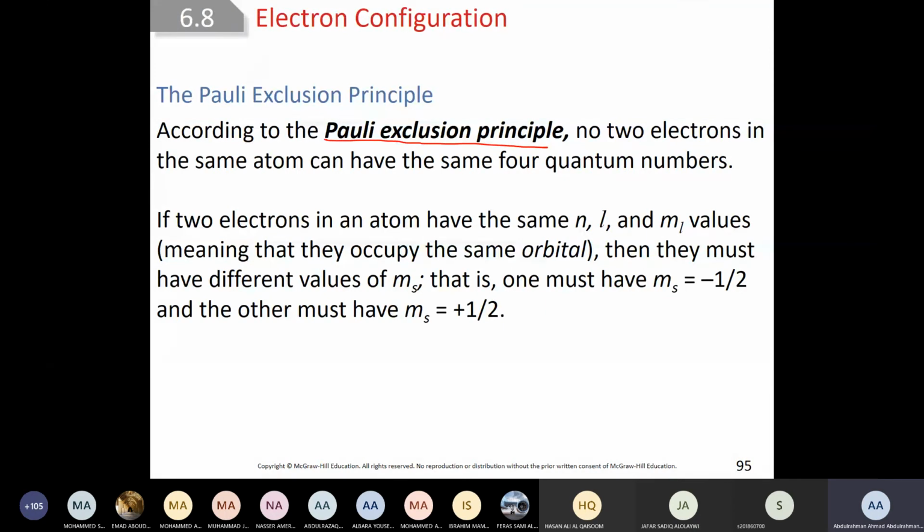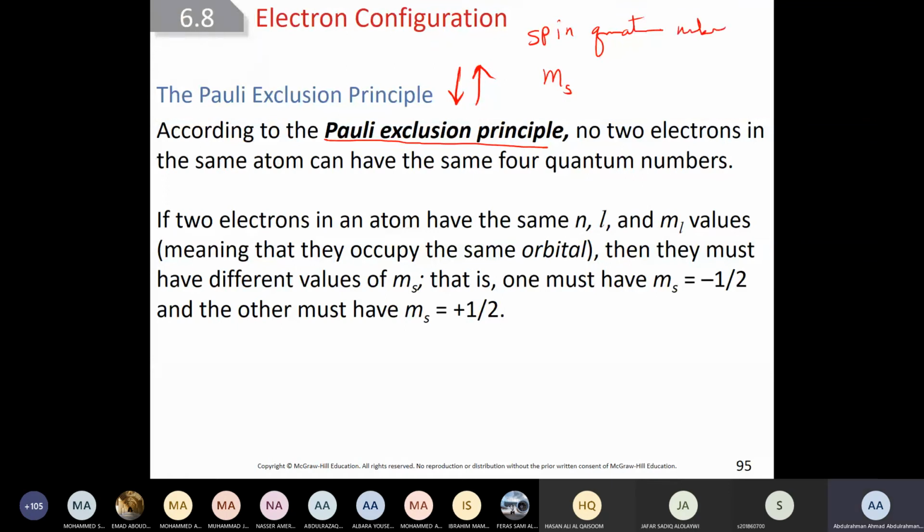The maximum number of electrons you can put in any orbital is 2, and they must be opposite to each other. What letter do we use for this? They must have different m_s, the fourth quantum number, the spin quantum number. You remember the spin quantum number?